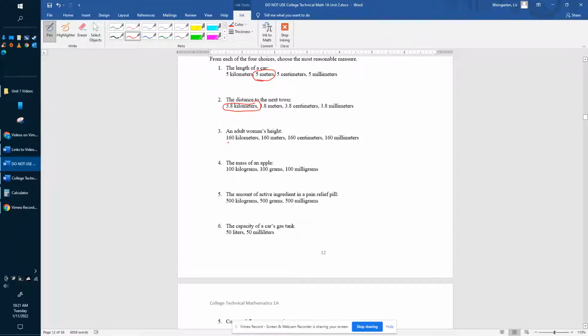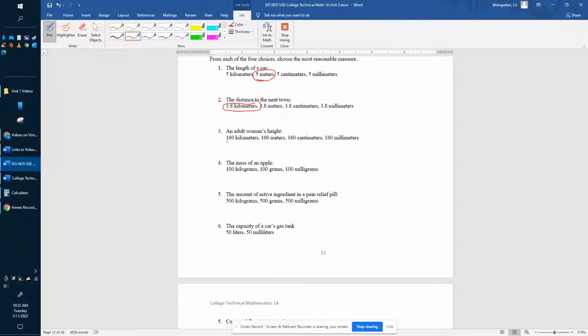An adult woman's height: 160 kilometers, 160 meters, 160 centimeters, 160 millimeters. 160 kilometers, that's further than anybody would run on a Turkey Day trot. So, no, a woman could not be that tall. 160 meters?